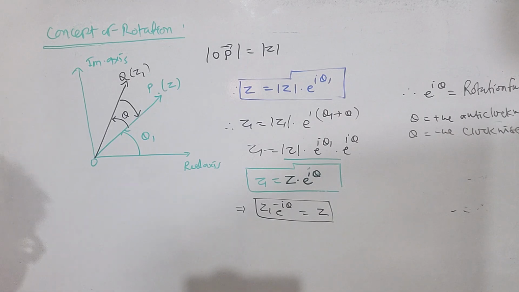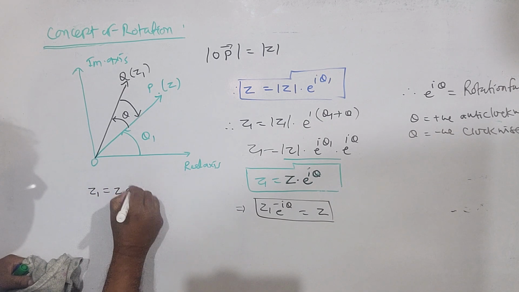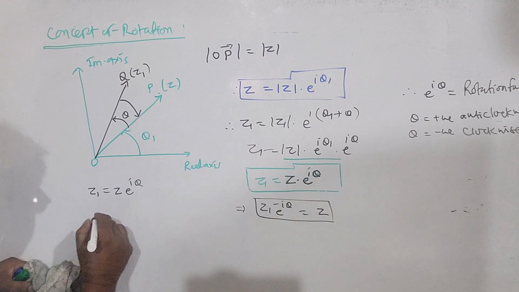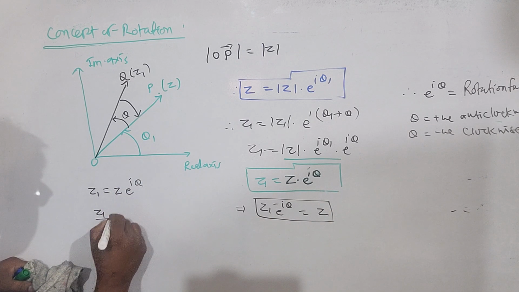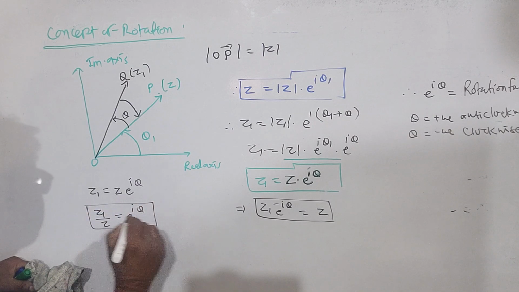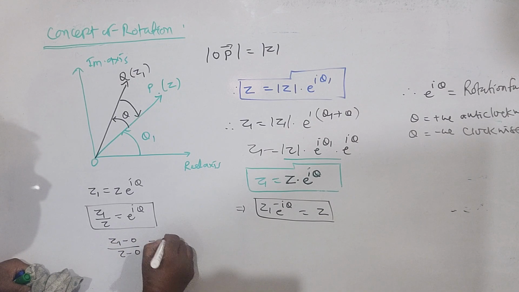And one more thing we can write. Z1 equal to Z e to the power iota theta. I can write Z1 by Z equal to e to the power iota theta, the same thing. Now Z1 by Z can be written as (Z1 minus 0) upon (Z minus 0) equal to e to the power iota theta.